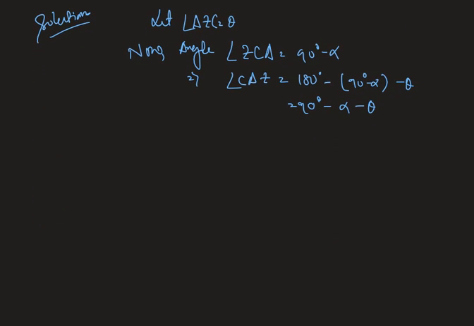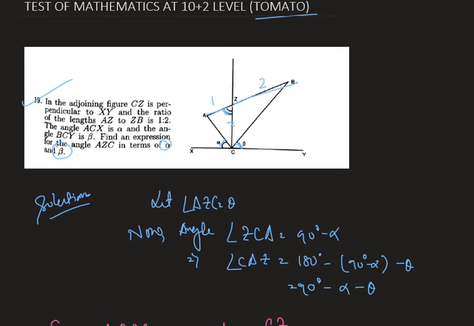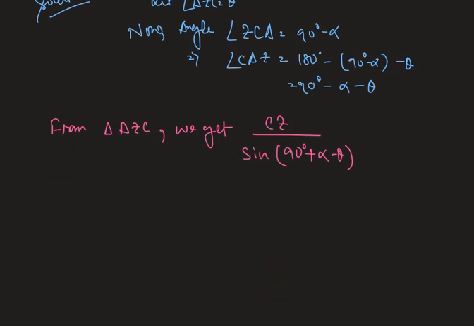Now from triangle AZC we get CZ divided by sine of 90 degrees plus alpha minus theta, that is the side CZ and the sine of its opposite angle, is equal to AZ divided by sine 90 degrees minus alpha.